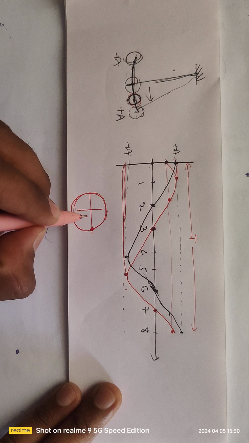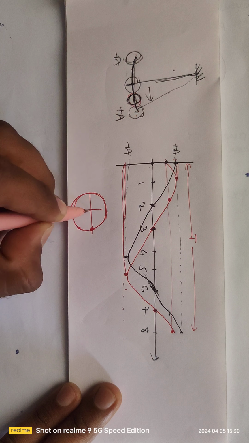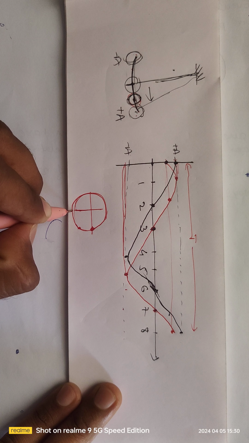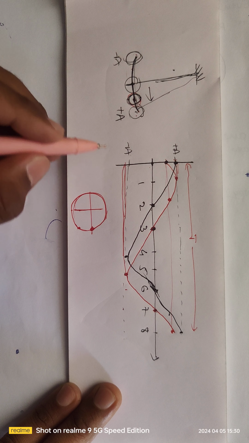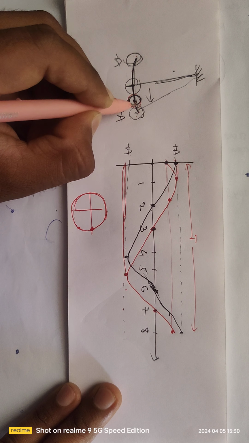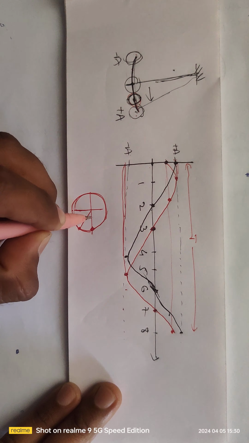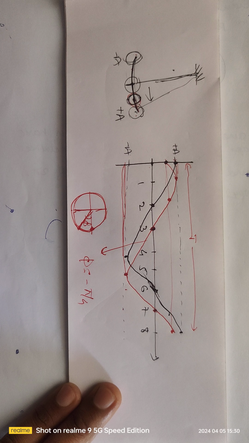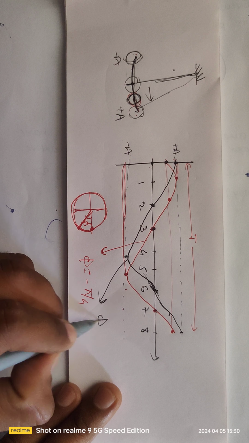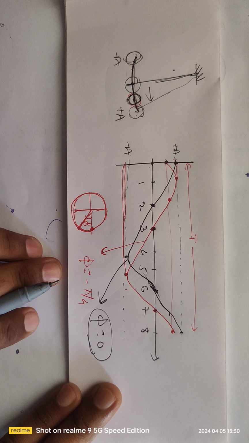But in the second case, we start oscillation from this position in between equilibrium and plus A, going upward. So here our phase is pi by 4. So our phase constant is minus pi by 4 for the second case. For the first case, our phase constant is 0.